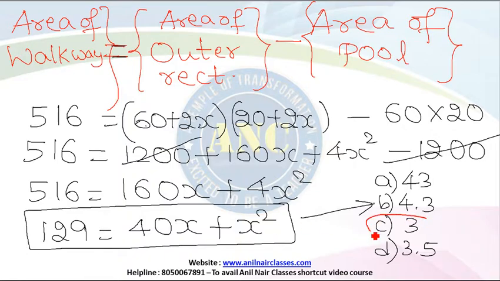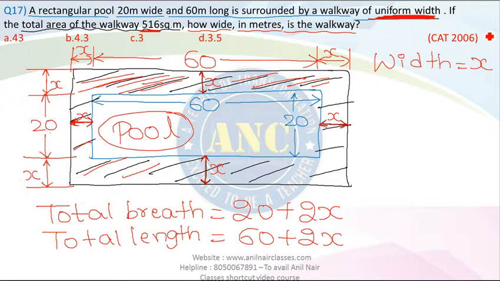If I substitute the x value as 3, this becomes 40 into 3, which is 120, plus 3 square which is 9. 120 plus 9 is 129. That is equal to my left hand side, 129. Because this value is satisfying, that should be the correct answer. The answer for this beautiful question, which came in CAT 2006, is 3 meters wide.